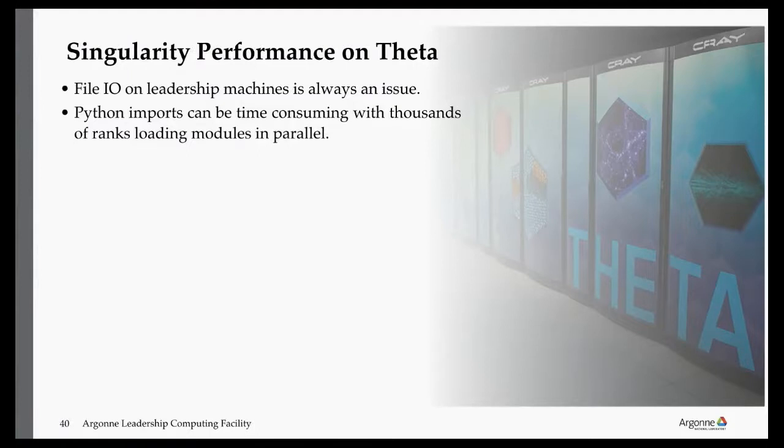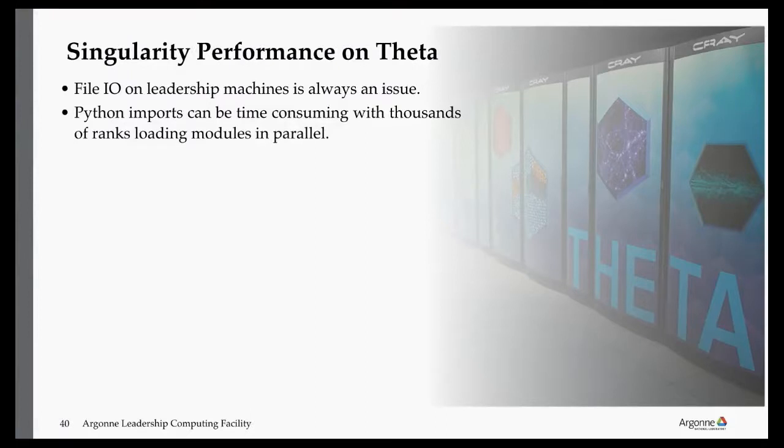Okay, so talking about Singularity performance on Theta, file I/O on these machines is always an issue, and particularly in the case of things like TensorFlow, where you've got large numbers of Python imports. You're doing lots of small library loading.